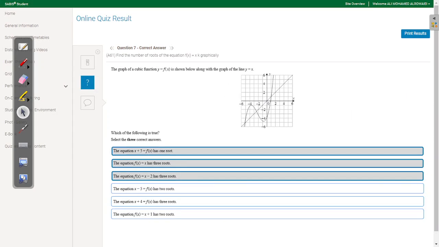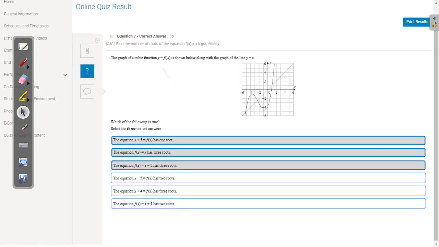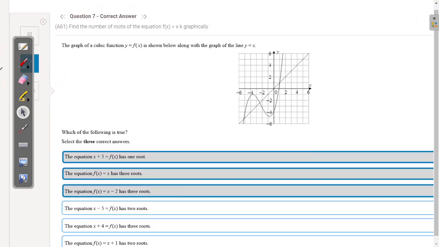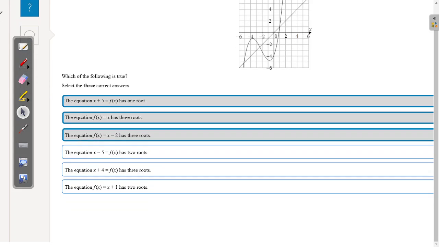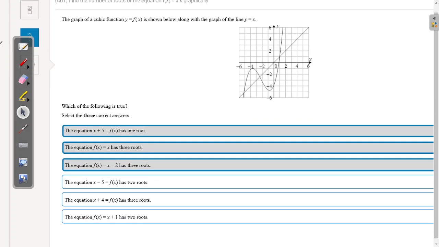Okay, for this one it's a bit challenging. You have y equals x, which is a straight line. So to check if the options are correct, you have to do the transformation on the graph. In the first option they ask x plus 5 equals f of x.